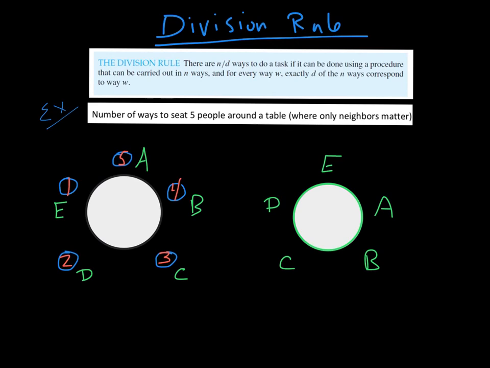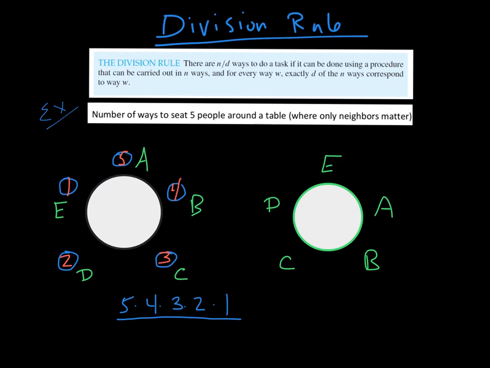We go back to our first way of counting over here. We counted that there are 5 times 4 times 3 times 2 times 1 choices to sit them down. But then I want to divide that by all the ways that are the same. That is, I can rotate the people around the table but keep the same neighbors.